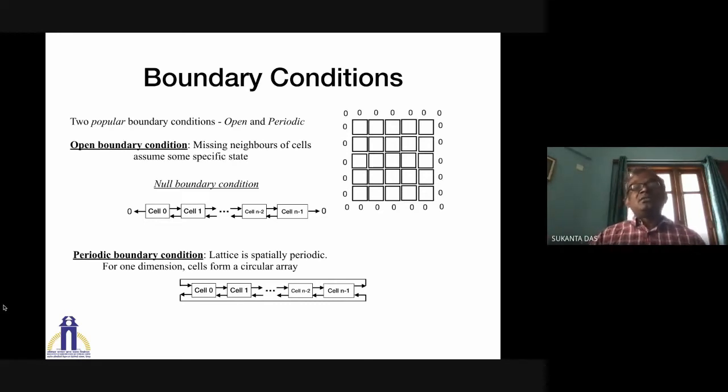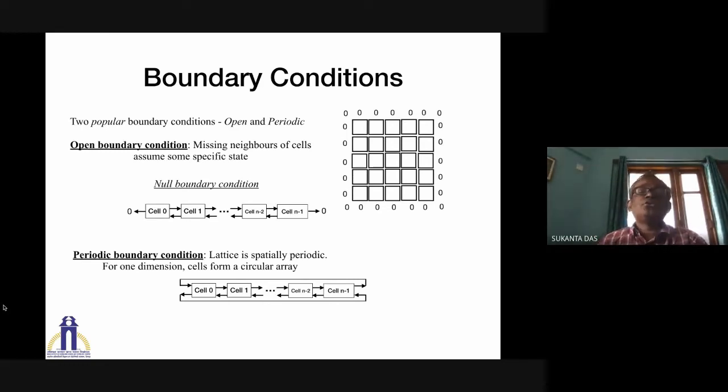Variable means the state of the missing neighbors, missing cells, may vary. So the most popular, out of several open boundary conditions, is the null boundary condition.